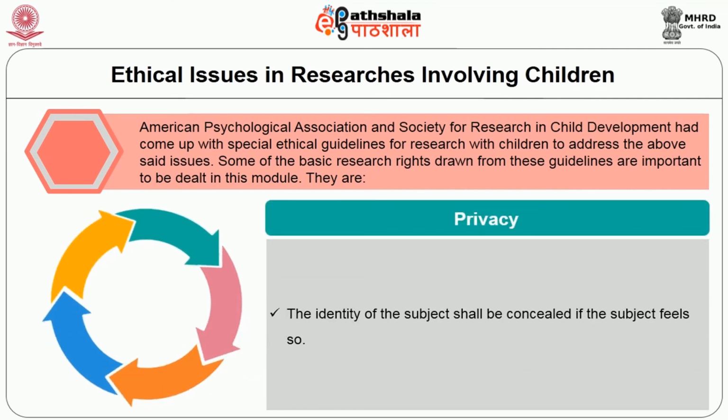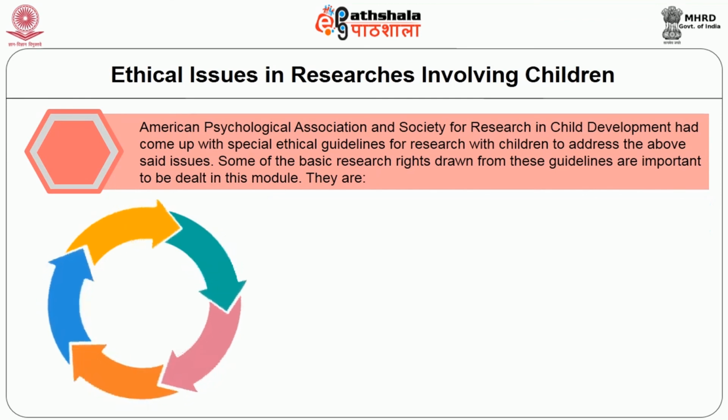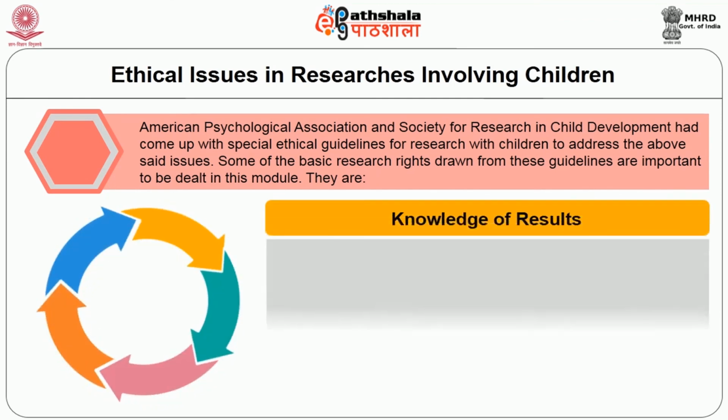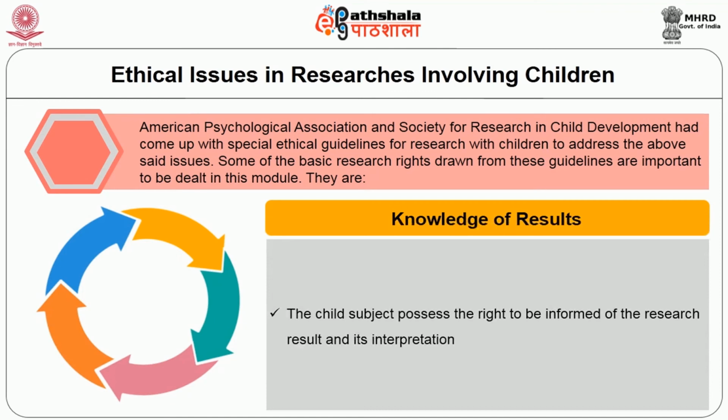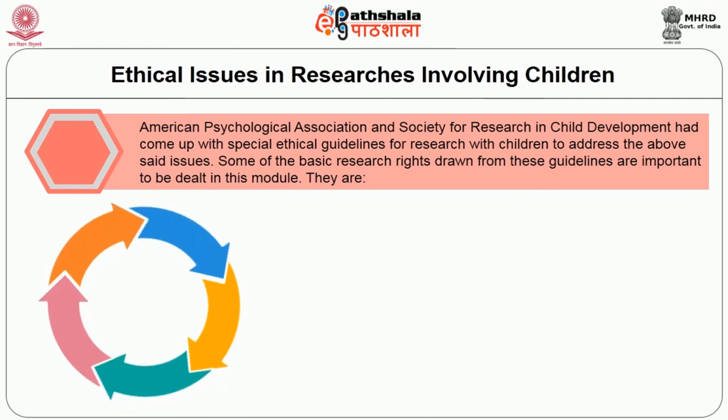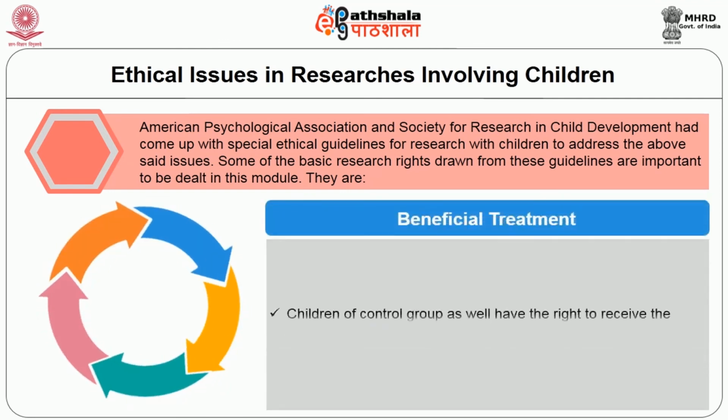The identity of the subject shall be concealed if the subject feels so. The fourth one is knowledge of results. The child subject possesses the right to be informed of the research results and its interpretation. The fifth is beneficial treatment. Children of the control group as well have the right to receive the experimental treatment if found to be beneficial.